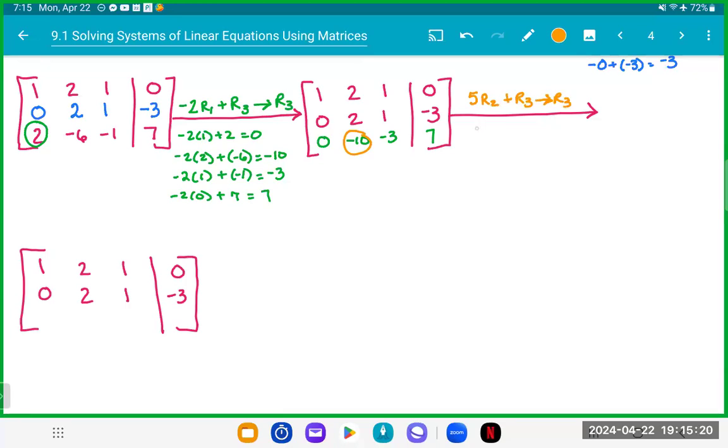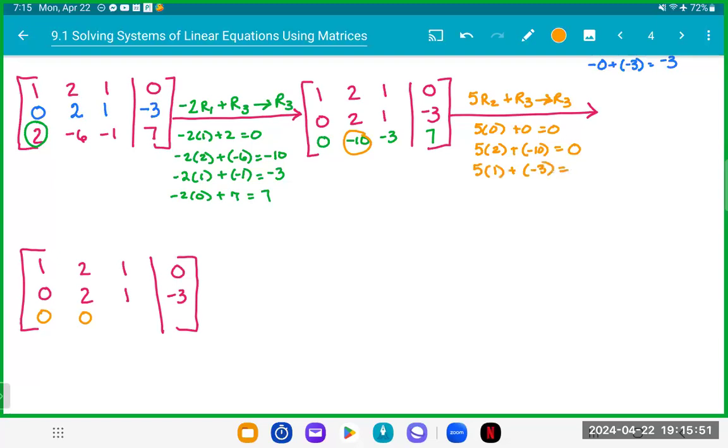So we have 5 times 0 plus 0. That's still 0. See how we don't undo the math we've already done? So 5 times 2 plus, let's keep it in the format of plus -10. That gives me a 0. And we have 5 times 1 plus -3.